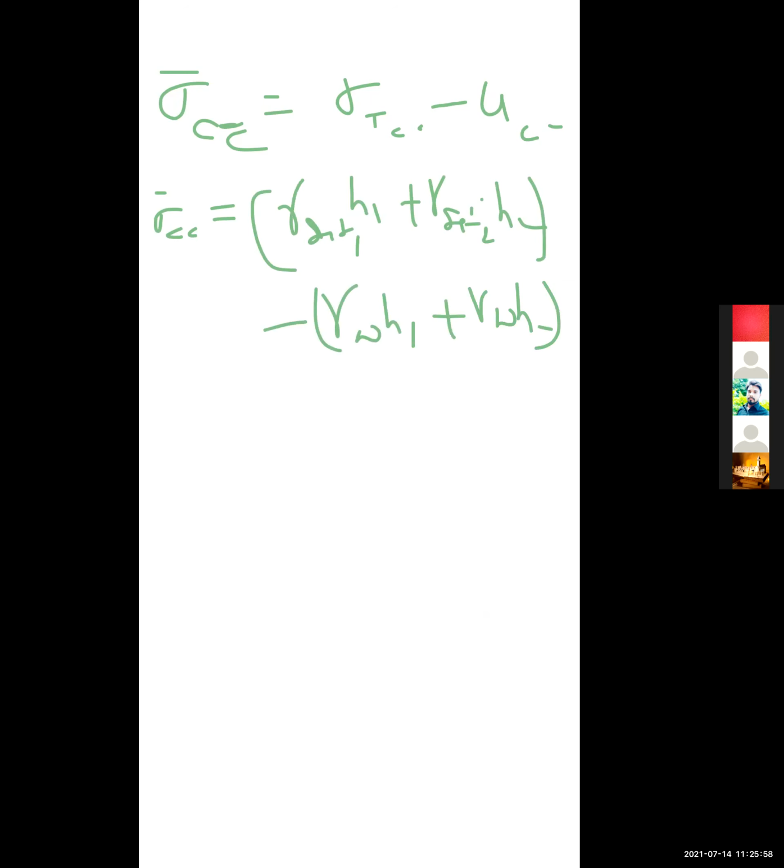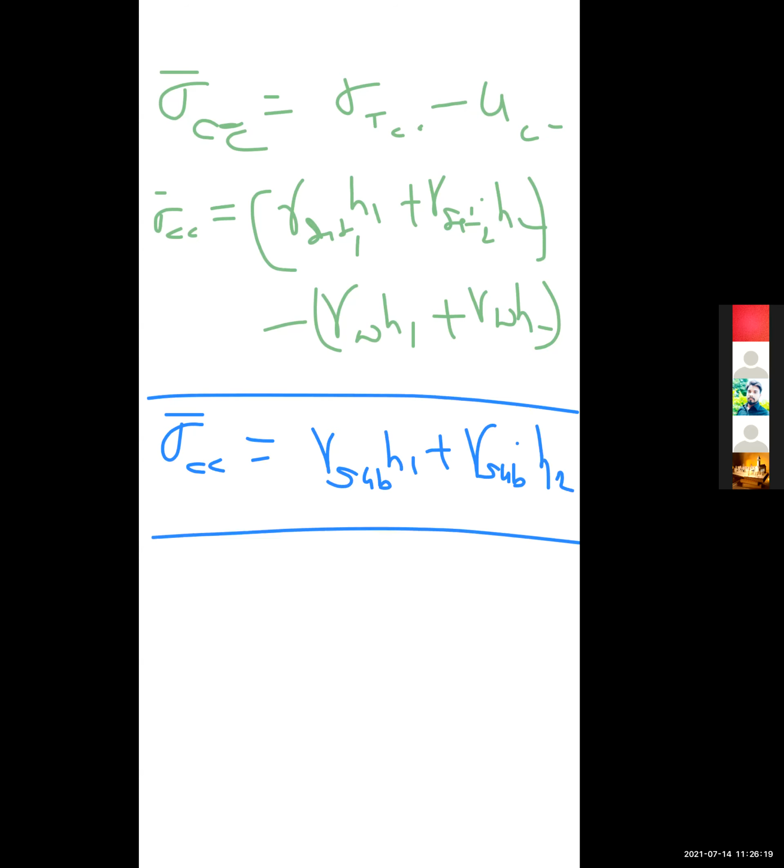This is the value. Also, this value is modified as sigma bar CC, that is the effective stress at C, is gamma submerged into H1 plus gamma submerged into H2. Clear to everyone? Yes, ma'am.